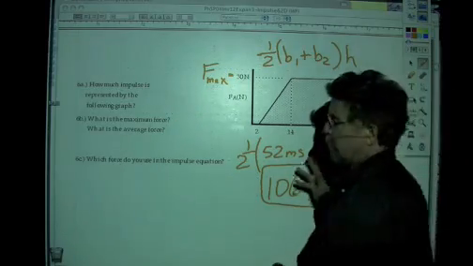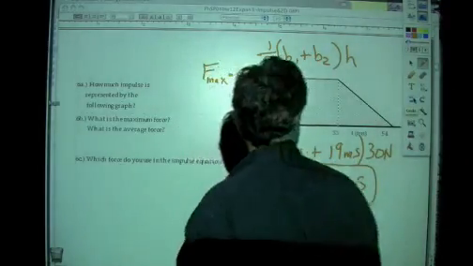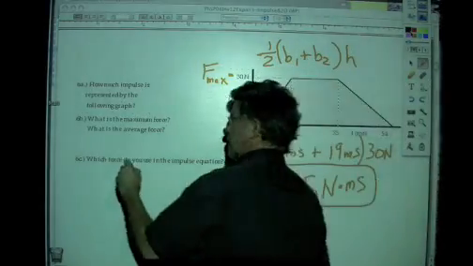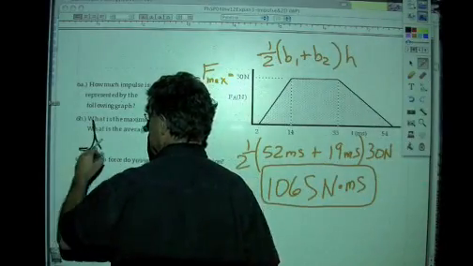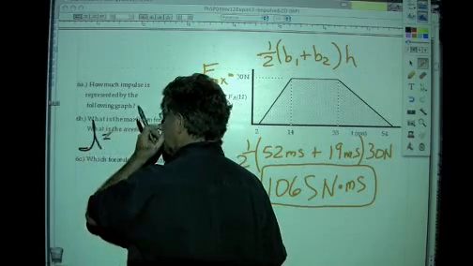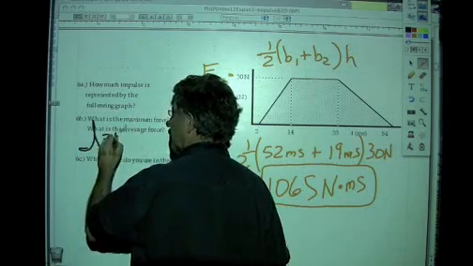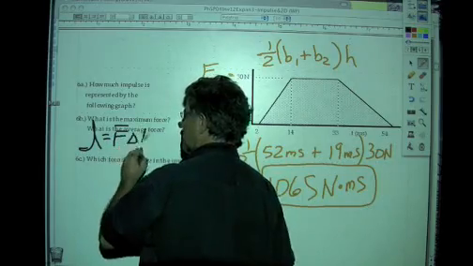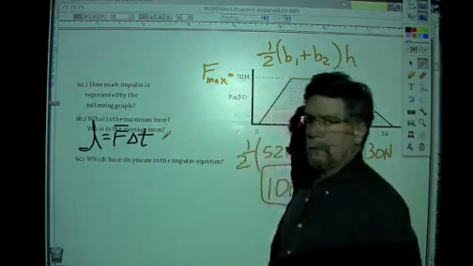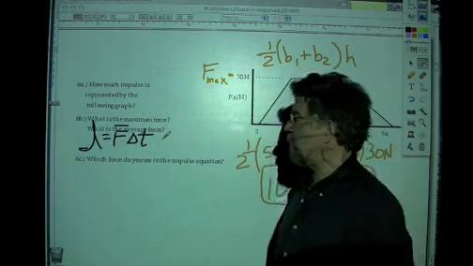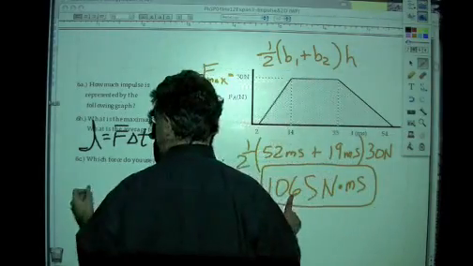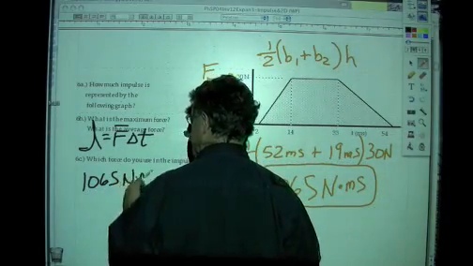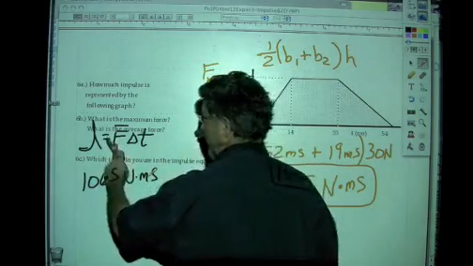The only way to do this is to go through and solve the impulse equation. It's going to mess some students up probably in the next exam. Impulse equals, in our case, average force times change in time. So we already know the impulse is 1065 Newton milliseconds.